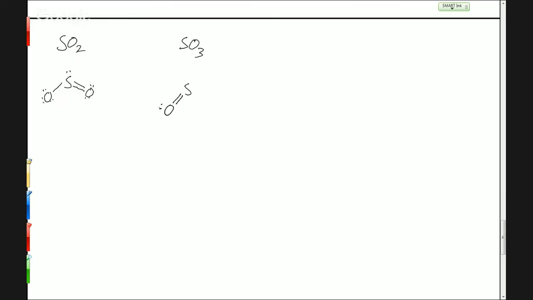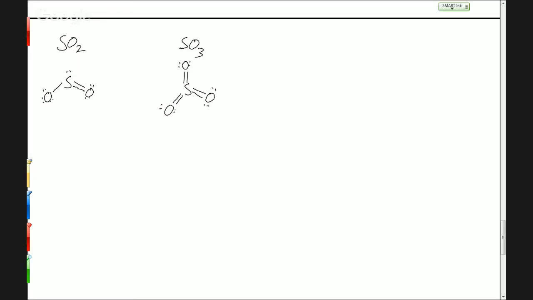There are a couple of different ways to draw these, but this is one. Now both are made up of the same types of bonds, obviously, SO bonds.